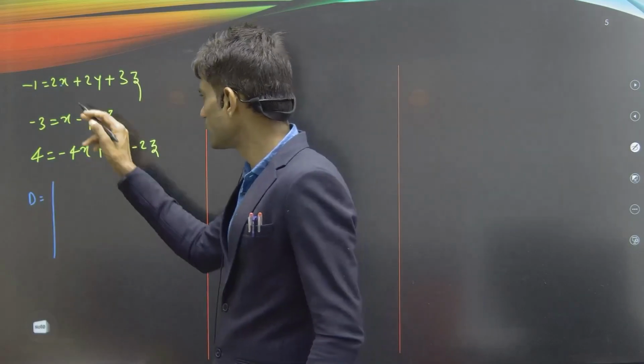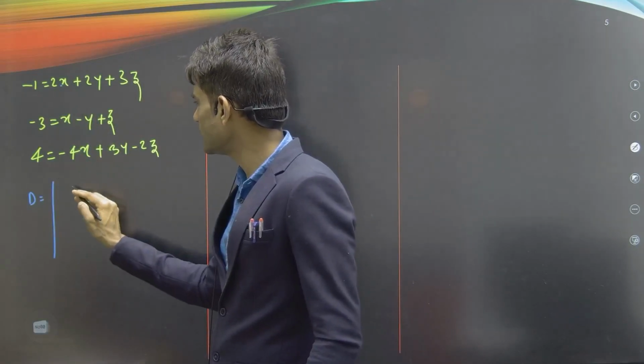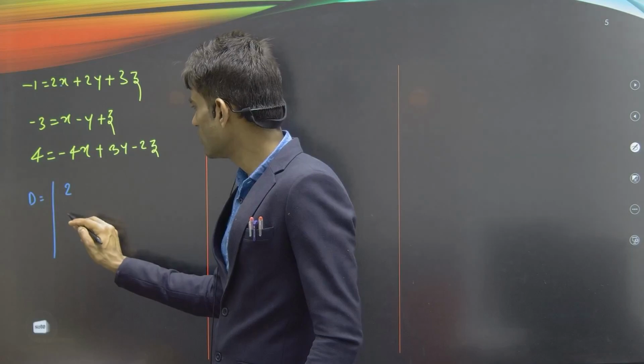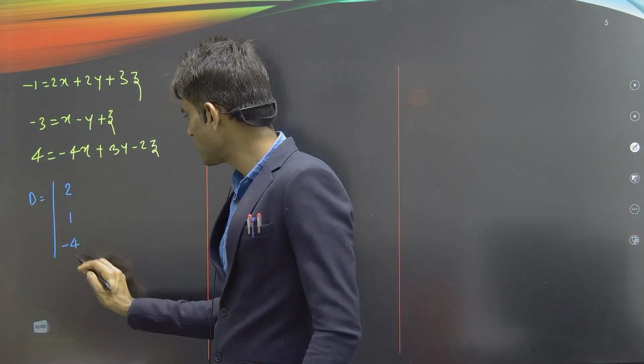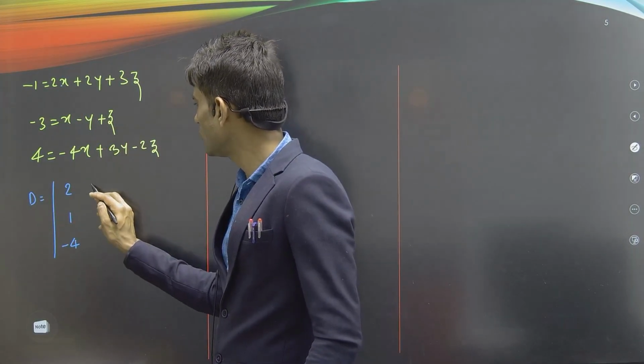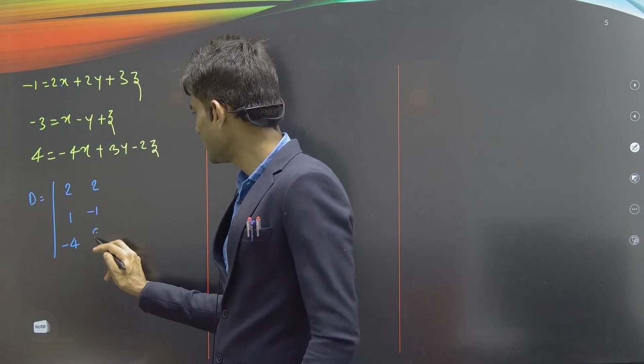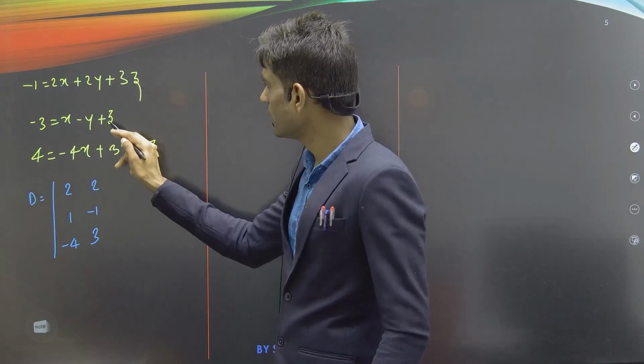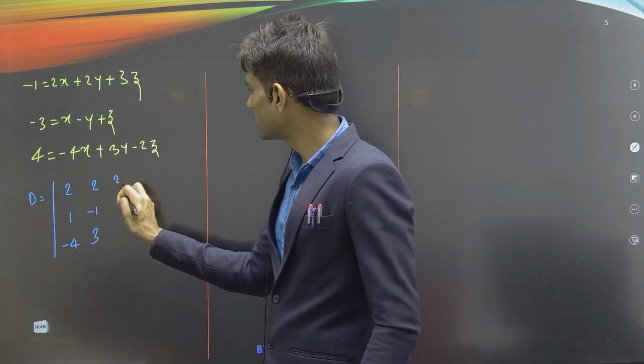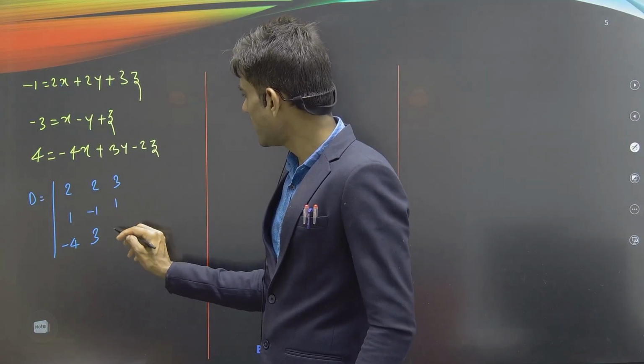So the first column gives 2, 1, minus 4. The second column: 2, minus 1 and 3. And the third column: 3, 1 and minus 2.